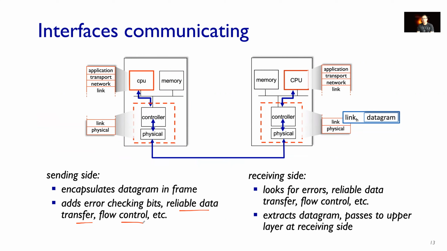When it reaches the receiver, the receiver will first check if it's the correct destination. It will then pull up that frame, examine those header fields and execute the corresponding functions for whatever has been implemented, and then extract the datagram and pass it up to the network layer.